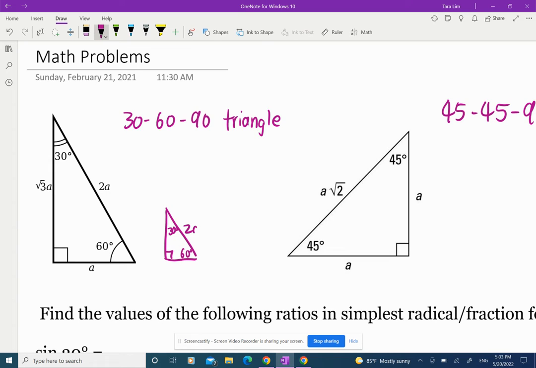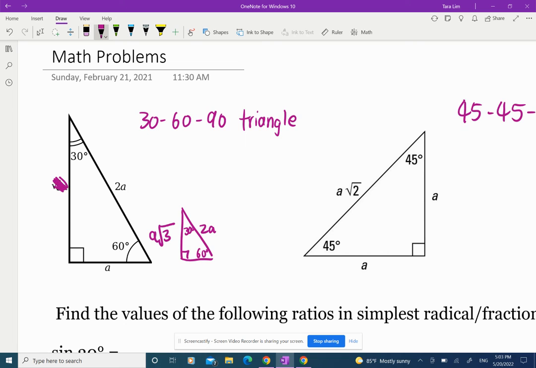So it's always going to be 2a, square root 3 a, or I like to do it the other way around, a square root 3. And this is going to be a.